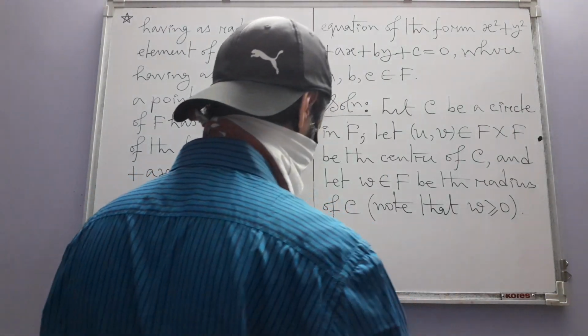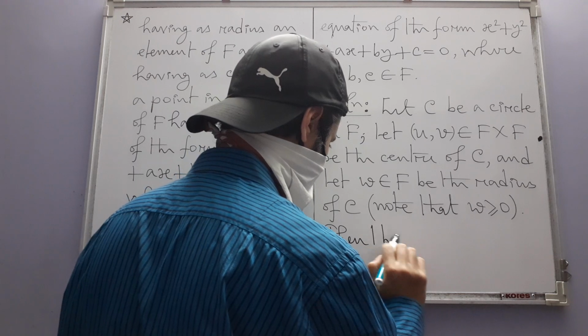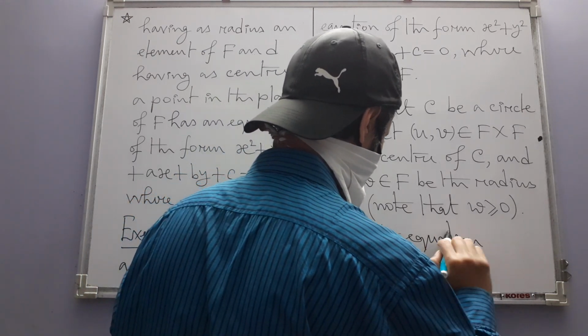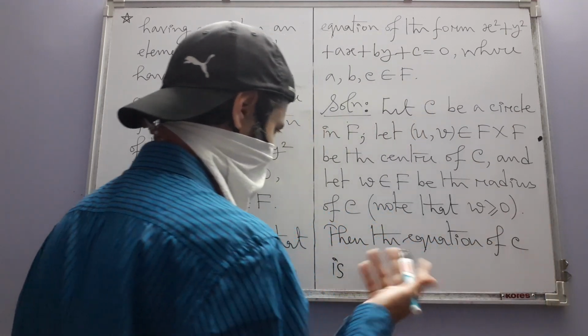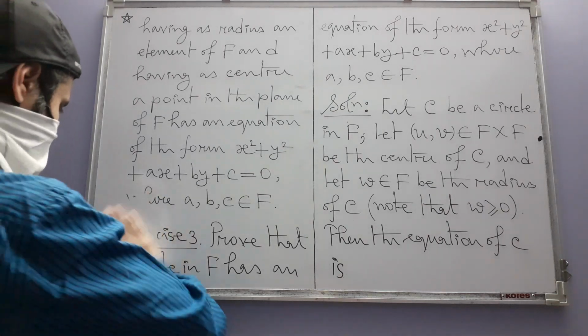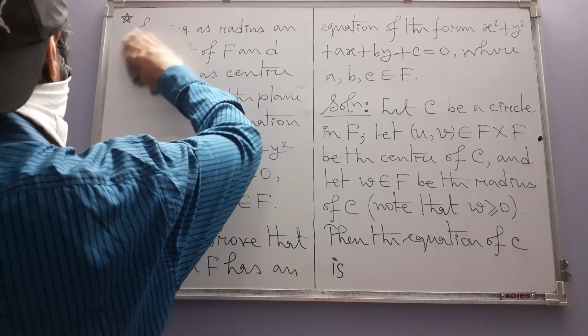Okay. Then the equation of C is, you already know again from coordinate geometry how to write the equation of a circle whose center and radius are given.